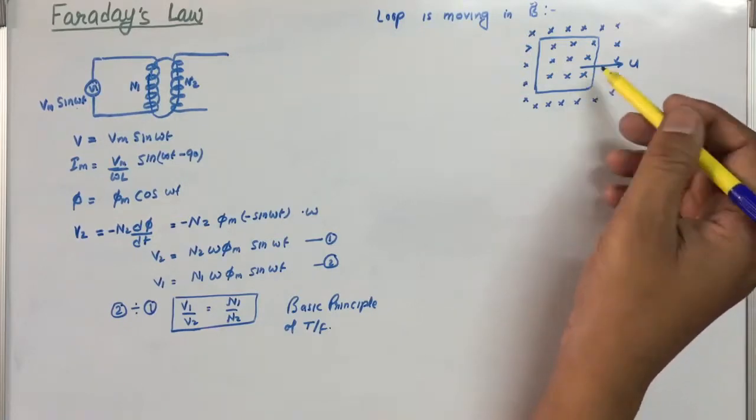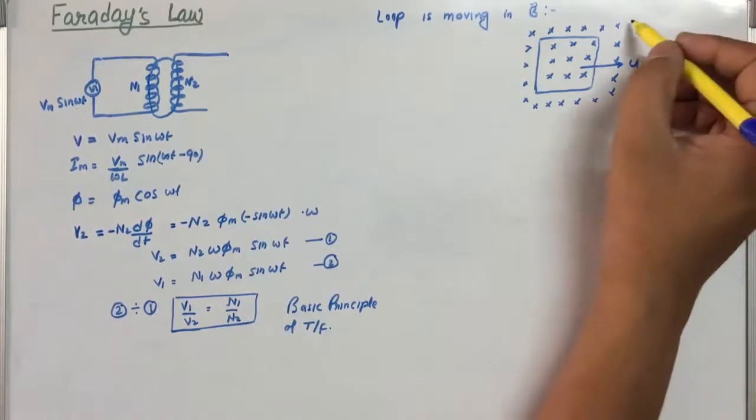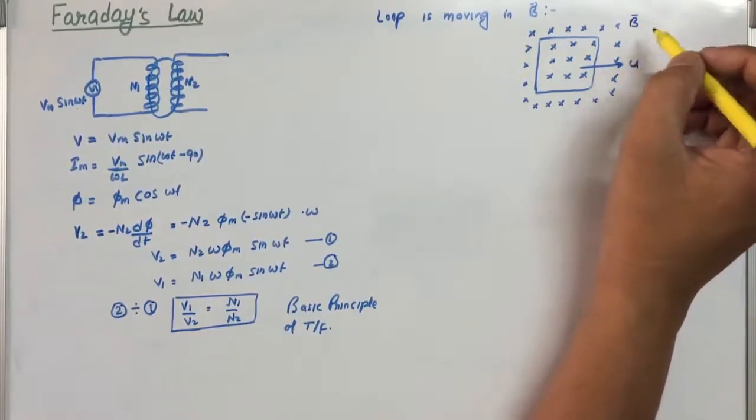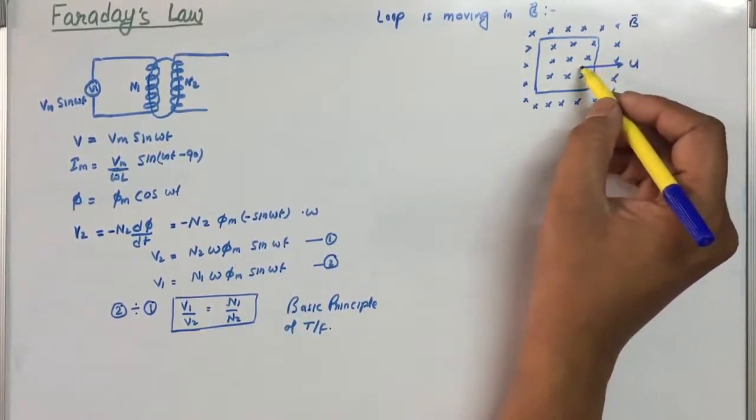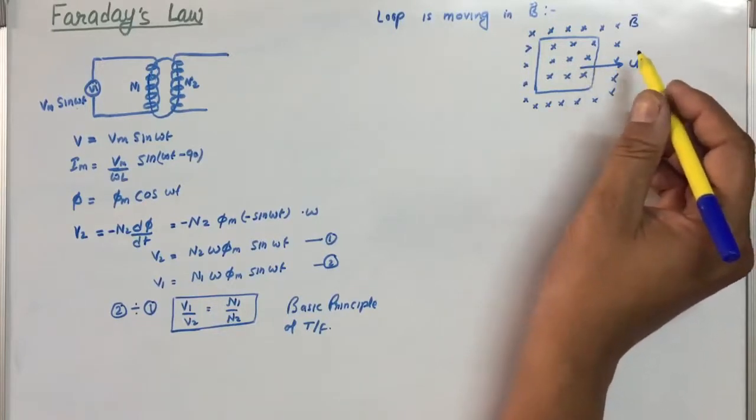So let us consider a magnetic field B that is directed into the plane, and the object is moving towards the right.